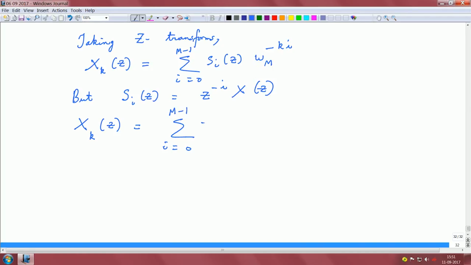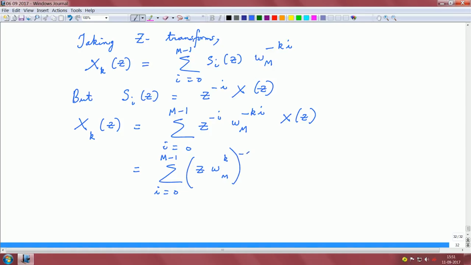So it is Z power minus i Wm power minus k times i times x of Z, right, and we simplify this to Z times omega m power k to the power minus i times x of Z.